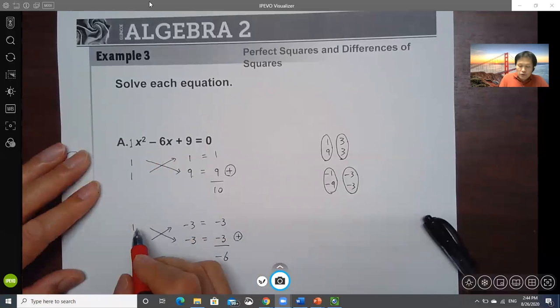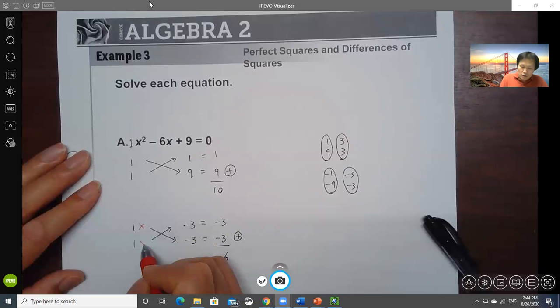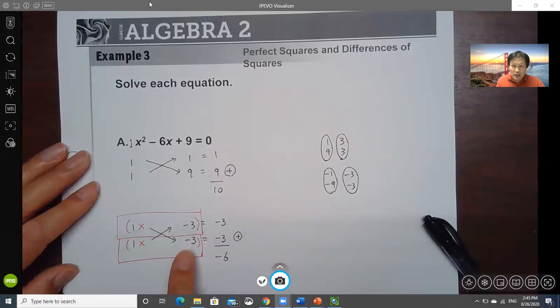Okay, x squared here. So x times x makes x squared. So you have to write x here, parenthesis on the top floor, parenthesis on the bottom floor. So you are writing it as a top floor, bottom floor. Some of you might say, well, didn't you say you multiply cross? Yes. But when you write the answer, you're writing top floor, bottom floor.